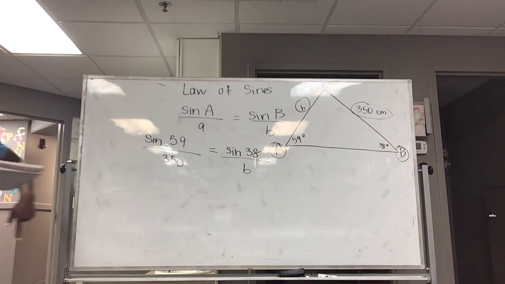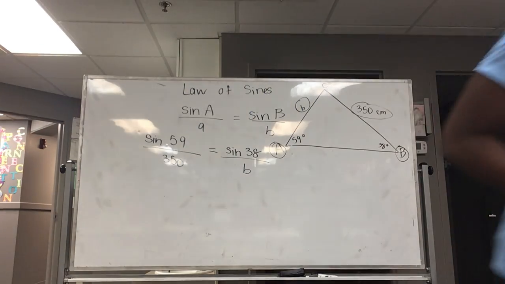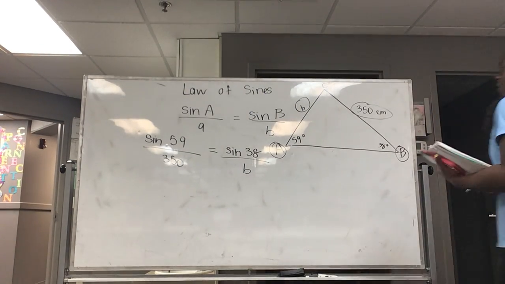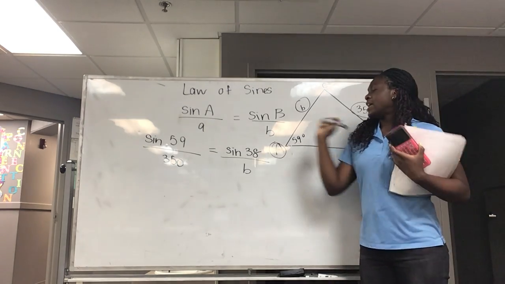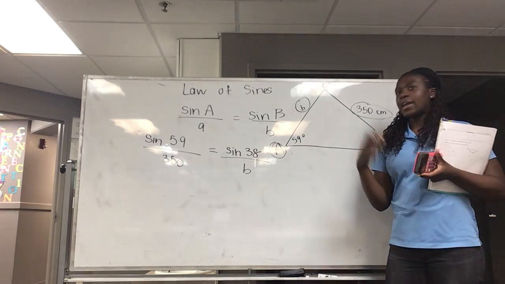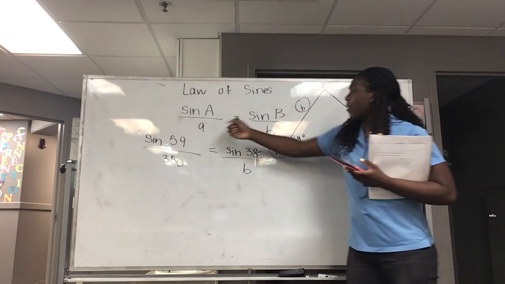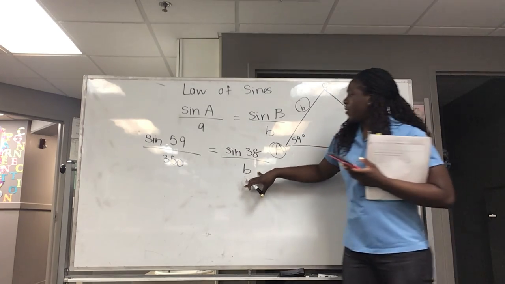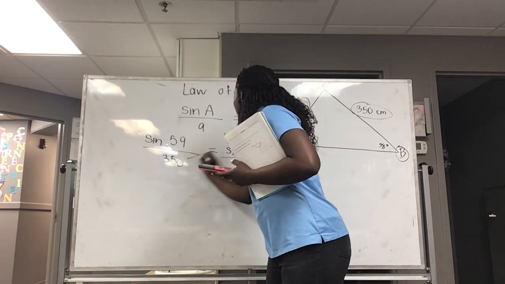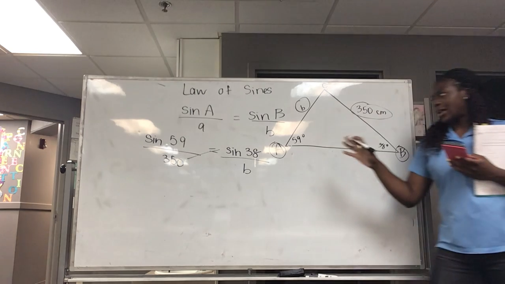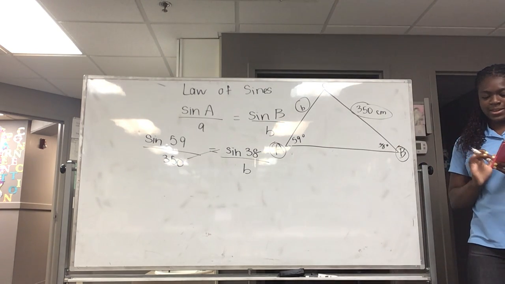All right, so at this point, we're gonna grab our calculators. How you solve for b is to cross multiply and then divide, if you have an unknown variable. So what I'm gonna do is 350 times sine of 38. So you wanna type that in your calculator.